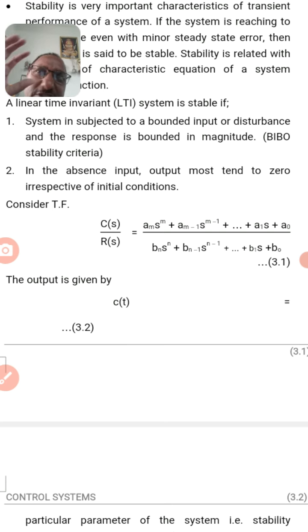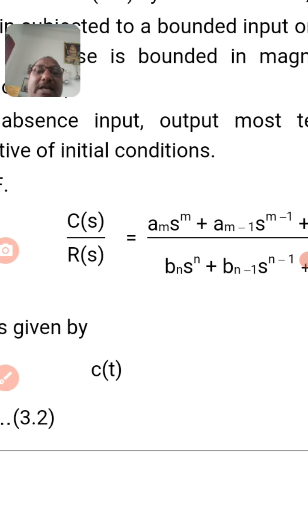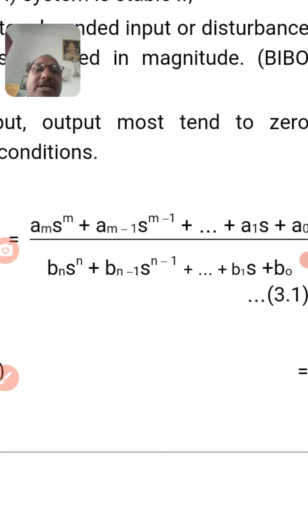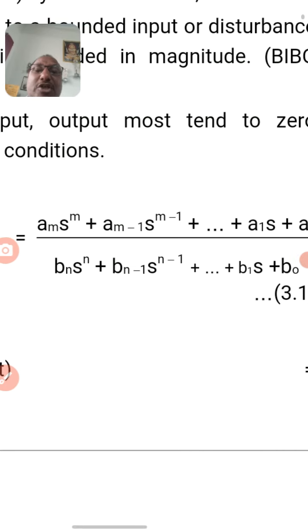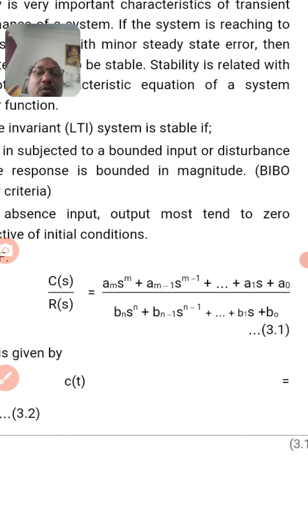So the output C of s upon R of s is equal to a_m s raised to m plus a_(m-1) s raised to m minus 1 plus and so on, a1 into s raised to 1 plus a0, divided by b_n s raised to n plus b_(n-1) s raised to n minus 1 plus and so on, b1 s raised to 1 plus b0, as shown in equation number 3.1, which is the transfer function of a closed loop system.